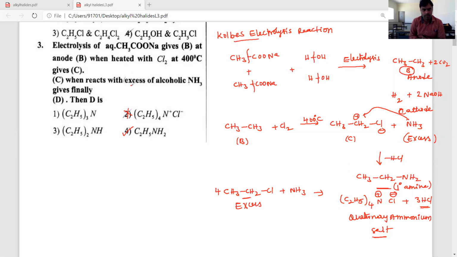Here ammonia is in excess, so that's why it forms primary amines. If alkyl chloride is in excess, then predominantly quaternary ammonium salts will form. Okay students, it's very important.